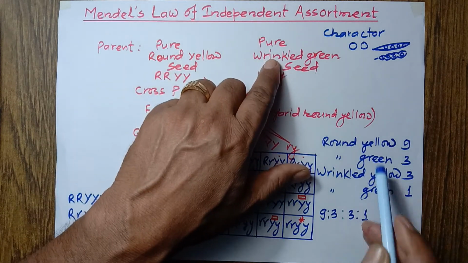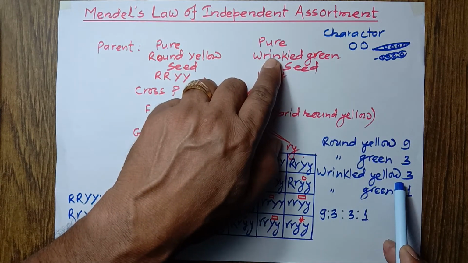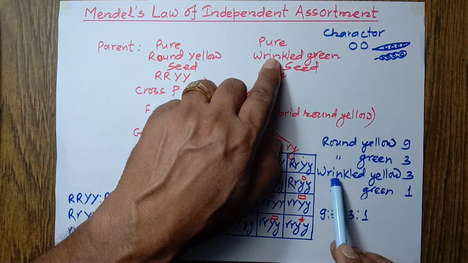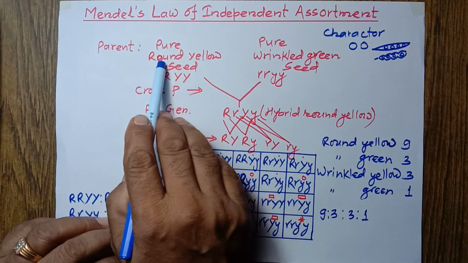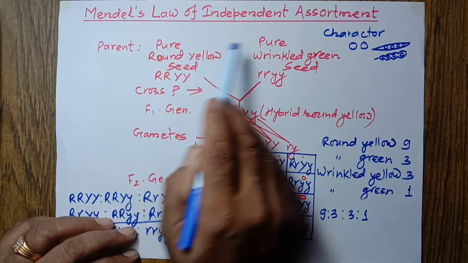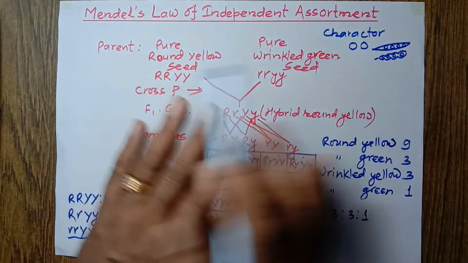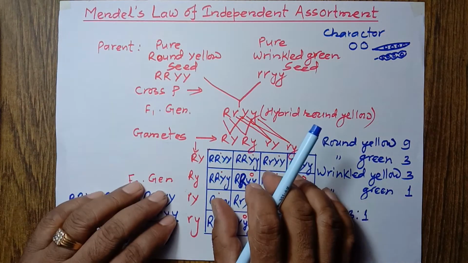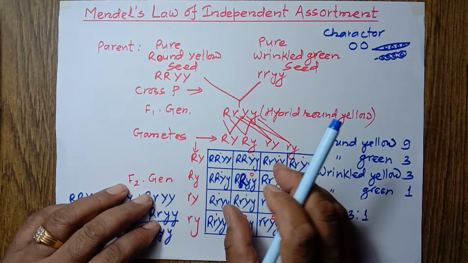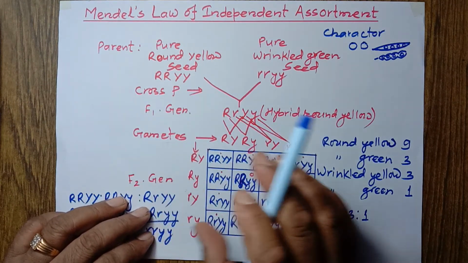And in the same way, wrinkled seeded pea plants are found not only green, they were found yellow also. What does it mean? It means different factors or genes of different characters have no relation with each other. They randomly distribute in the offspring. Exactly, this is called Mendel's law of independent assortment.